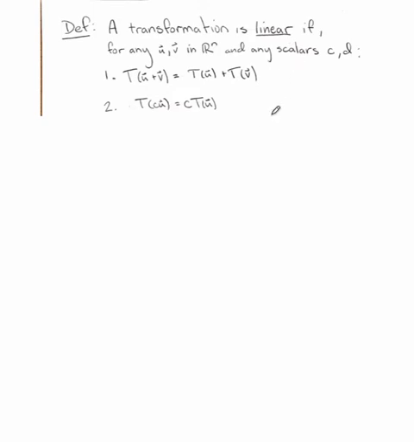These two things are basically what we need to show that a transformation is linear. By definition, if these hold, the transformation is linear. If it's linear, then these two things will happen.